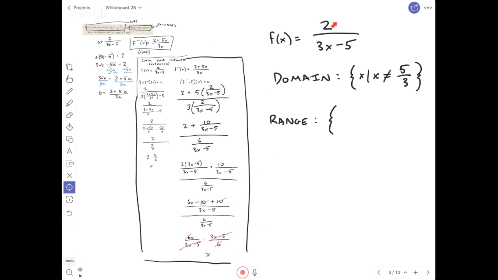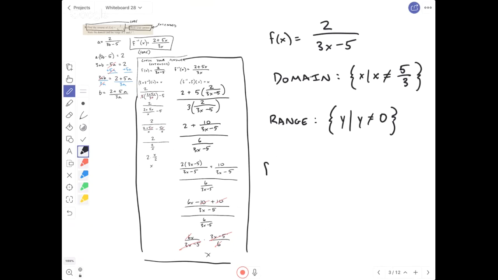This function cannot equal 0, is what this function can equal. Because if I divide by a massively large value, I'm going to get really close to 0, but never actually 0. So here, y such that y does not equal 0.